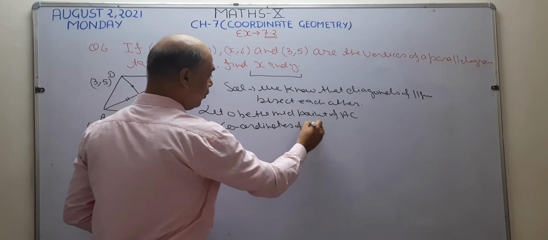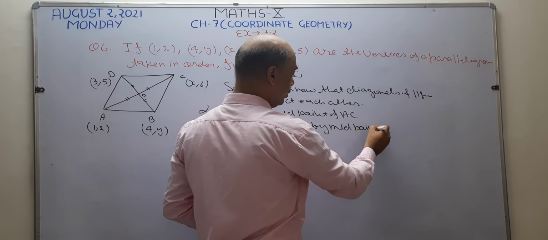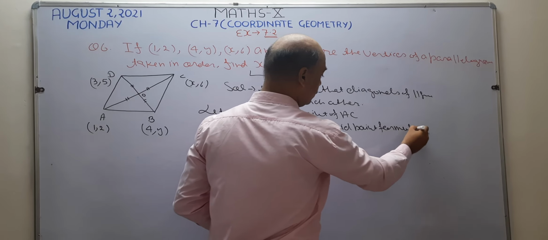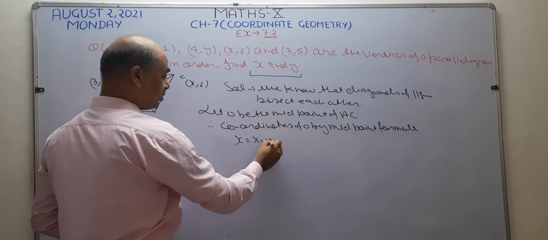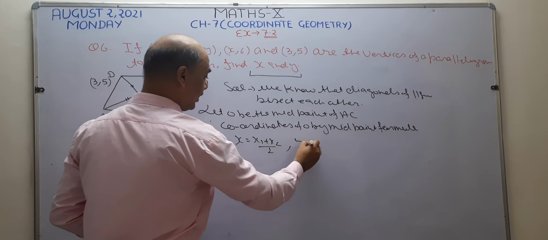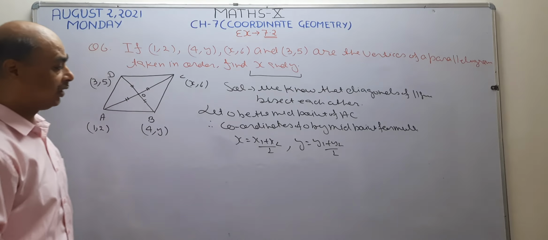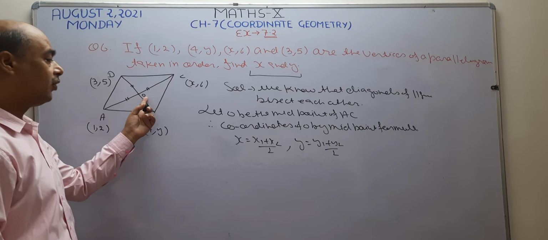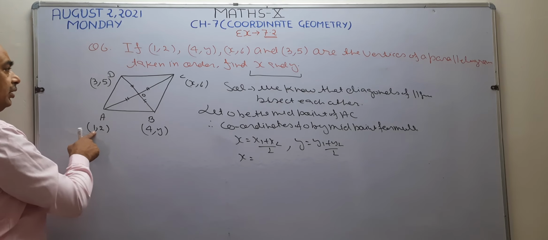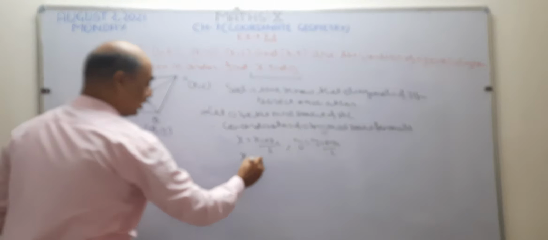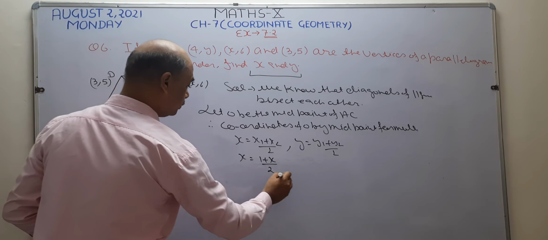So therefore, coordinates of O by midpoint formula. What is midpoint formula? x equal to (x1 plus x2) by 2 and y equal to (y1 plus y2) by 2. This formula is known as midpoint formula. So x and y is the coordinates of O. So I write here x equal to, now what is x1? x1 is 1 and x2 is x. So I write here (1 plus x) upon 2.